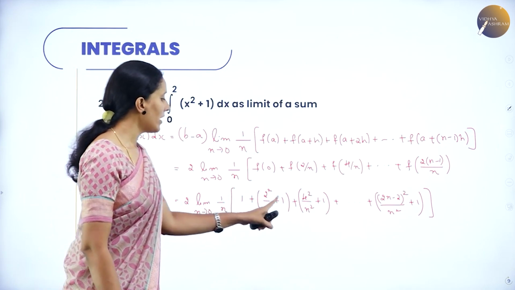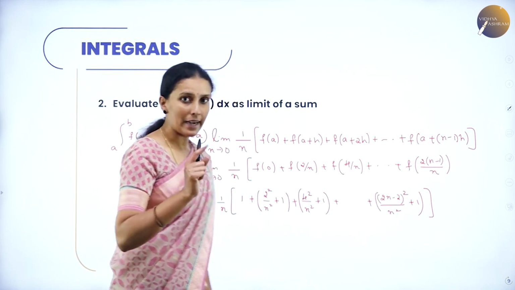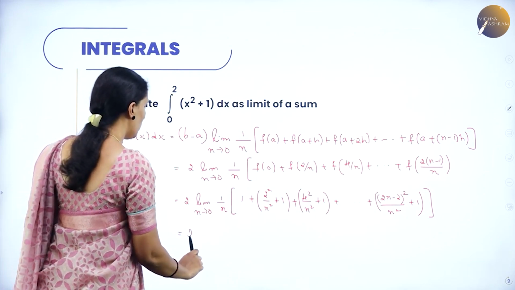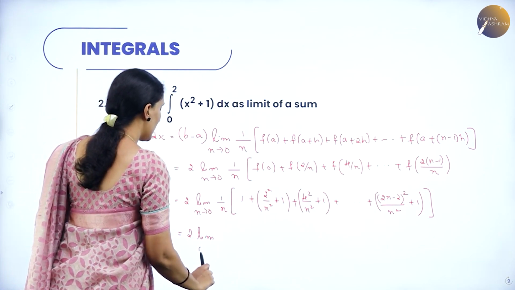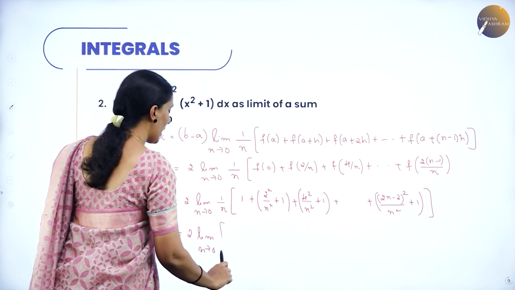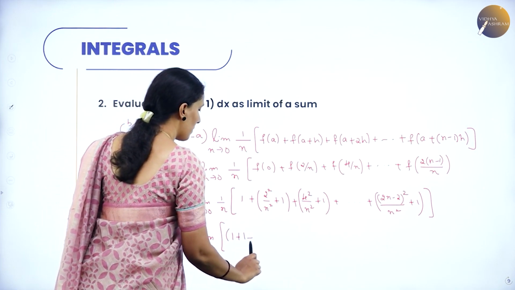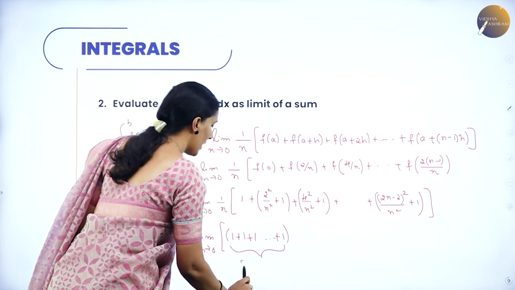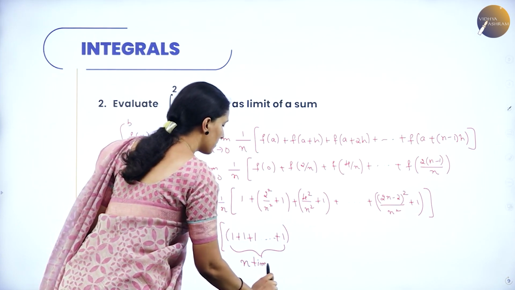Now here 1 is repeated n times. So therefore if you add 1, so 2 into limit as n tends to 0. So here we can take 1 plus 1 plus 1 plus 1. How many times do we have? We have here n times.